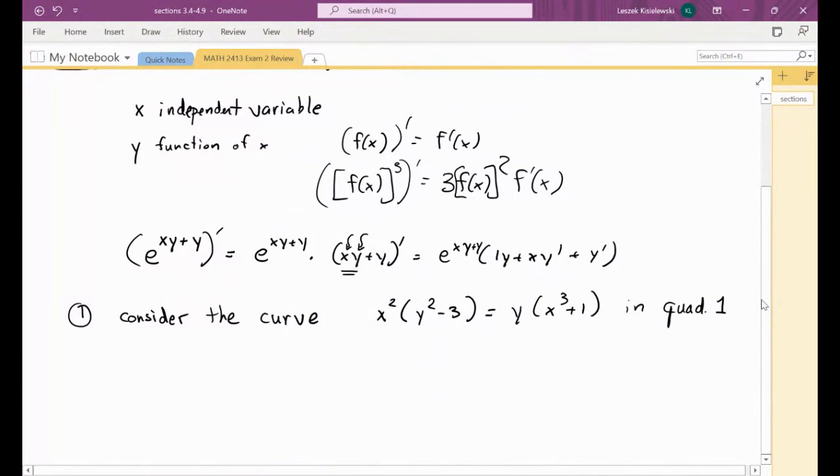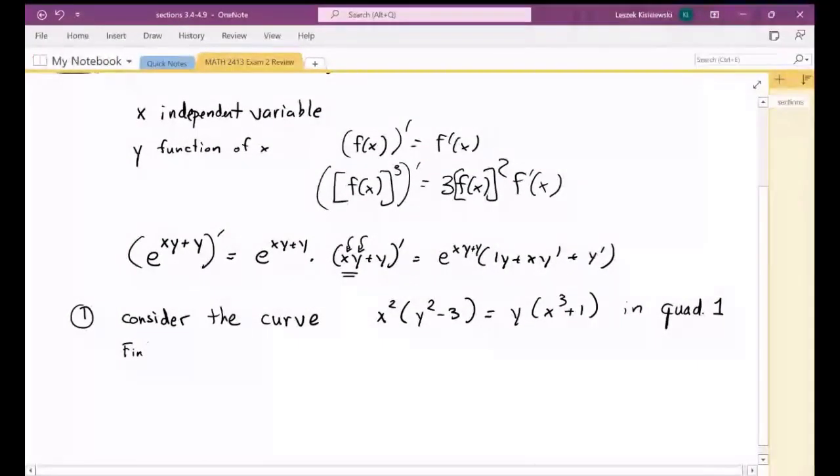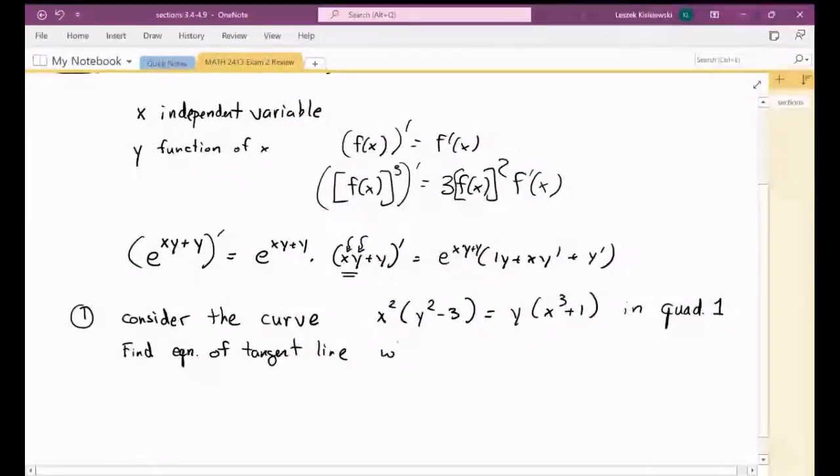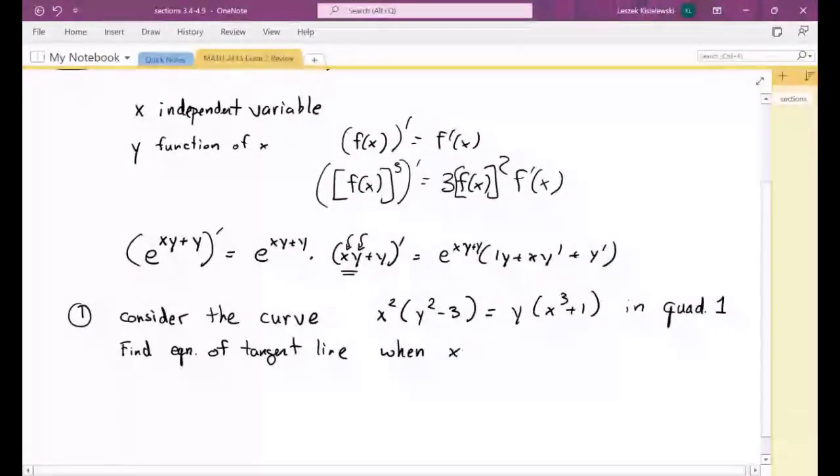And we want to find the equation of a tangent line when x is 1. All right.